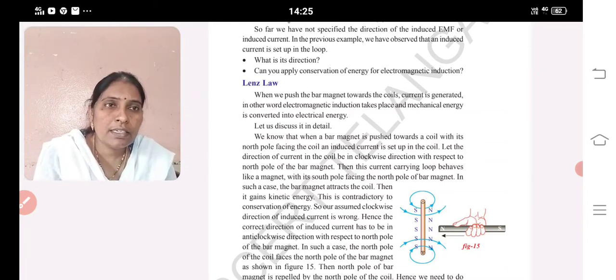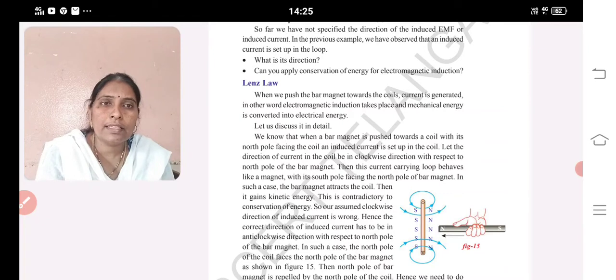Then the current-carrying loop behaves like a magnet with its south pole facing the north pole of the bar magnet, and the magnet gains kinetic energy. This contradicts the conservation of energy. So we assume that the clockwise induced current is wrong. Hence the correct direction of the induced current has to be anticlockwise.